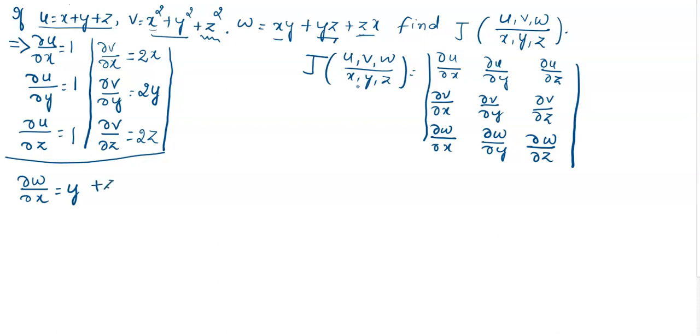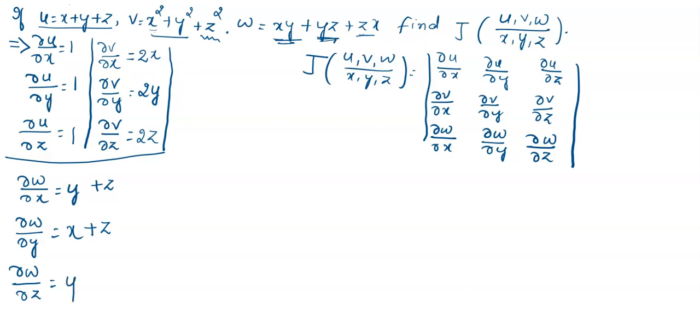The differentiation of xy with respect to y is x, the differentiation of yz with respect to y is z, and the differentiation of zx with respect to y is 0. And let me find out dou w by dou z. Differentiation of xy with respect to z is 0. The differentiation of yz with respect to z is y. The differentiation of zx with respect to z is x.